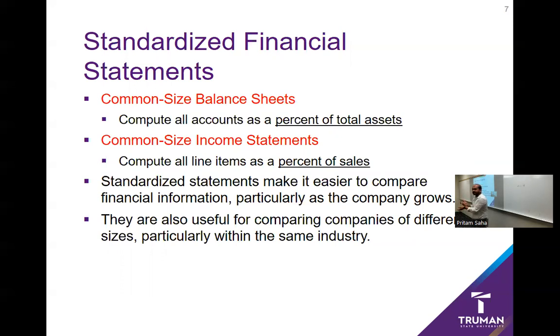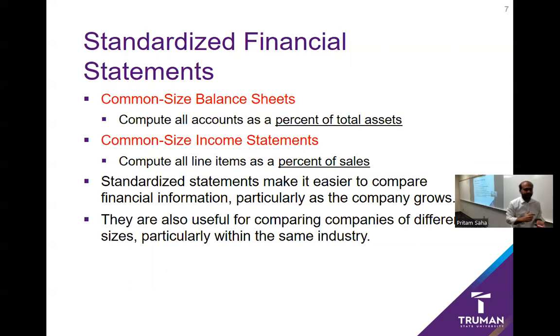How can we do that? For the balance sheet, we convert all of those raw numbers in terms of total assets. In the income statement, we convert all of those raw numbers in terms of sales. So now it is easy to compare over time and also easy to compare with the competitors or peer groups.